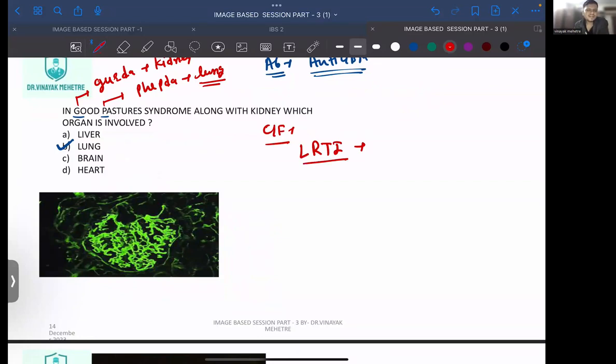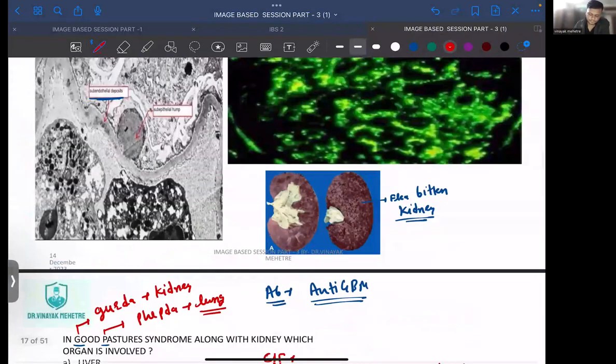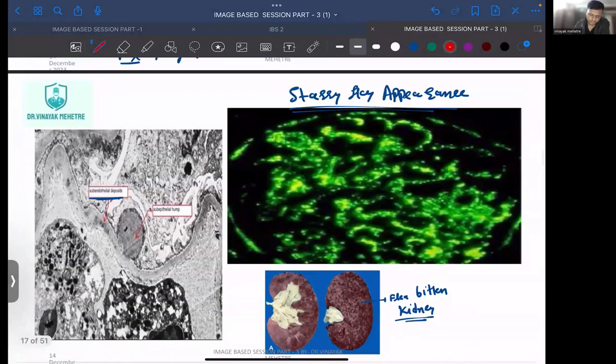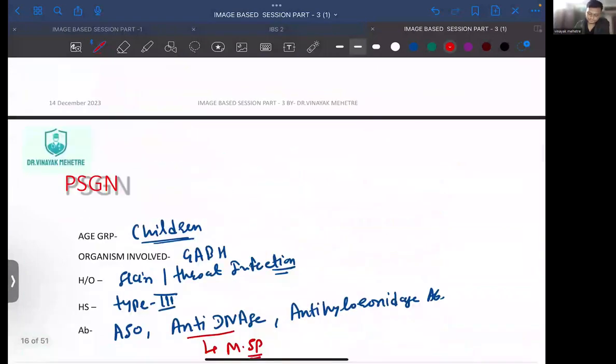Lower respiratory tract infection is going to present with hemoptysis. In the kidney, what will we find? What is the disease name? Nephritic syndrome, right?